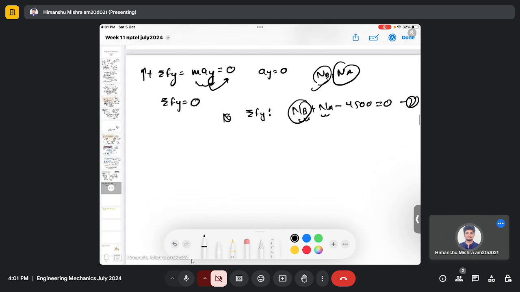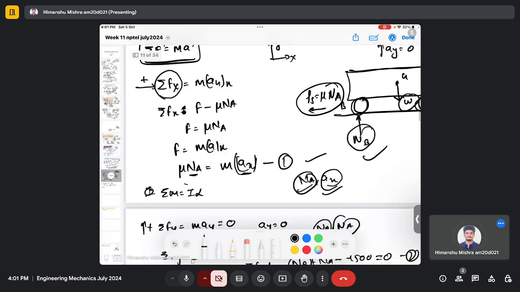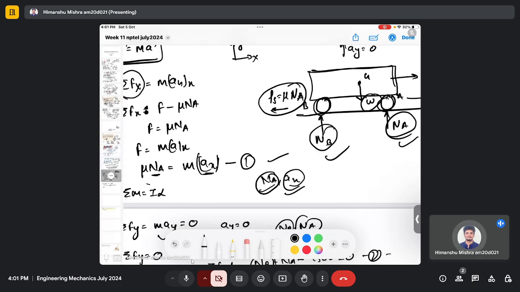So that will be the summation of moment at point G. Basically the summation of moment will be equal to I times angular acceleration. But since this vehicle is moving in the horizontal direction and not in the vertical direction, there is no rotational motion; there is only translation motion.